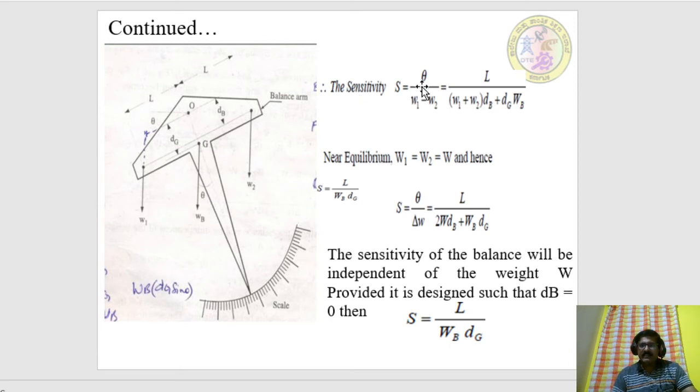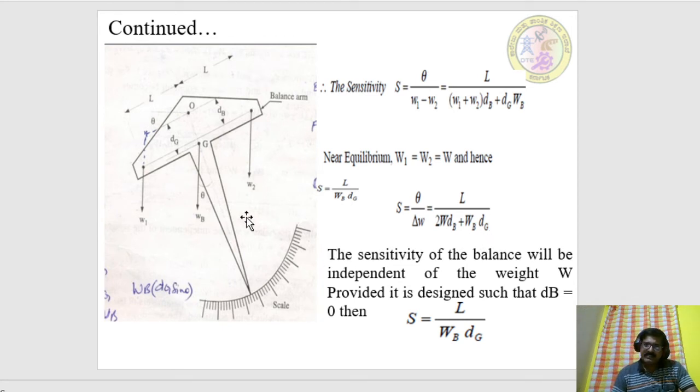Now the sensitivity S is equal to theta by W1 minus W2. When I simplify it, L divided by W1 plus W2 into dB plus dg WB. When in equilibrium, W1 is equal to W2 is equal to W. Hence, sensitivity S is equal to theta divided by delta W, that is equal to L divided by 2W dB plus WB dg.